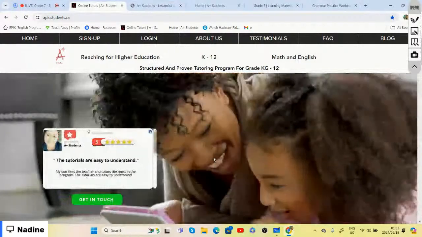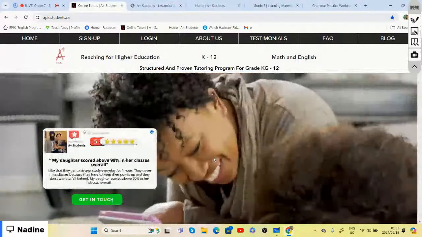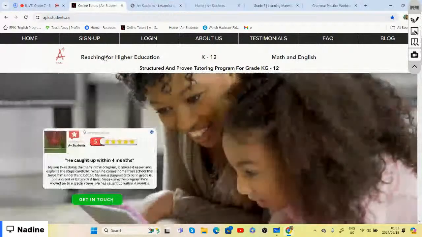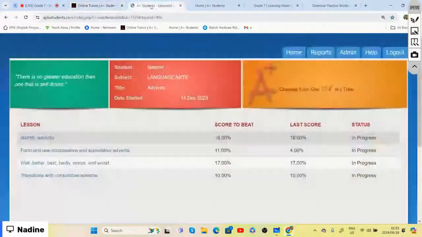Then once we have selected grade 7, we're going to scroll down until we get to our chapter of adverbs.